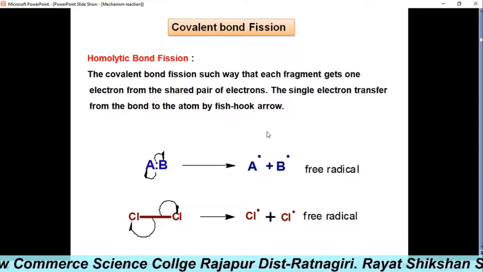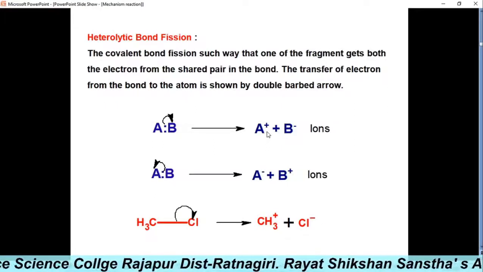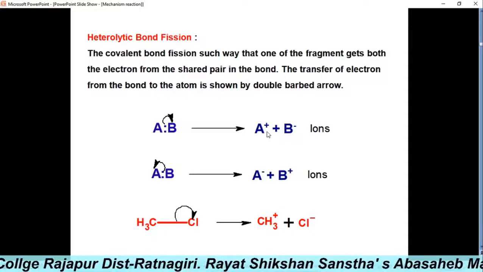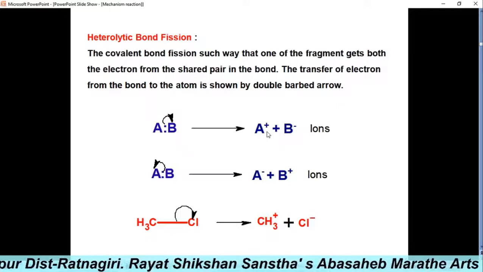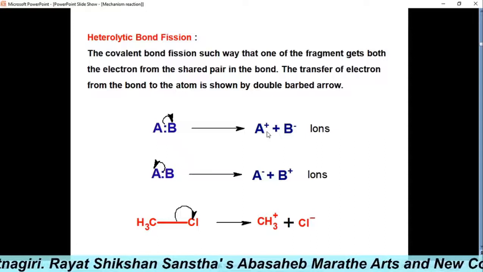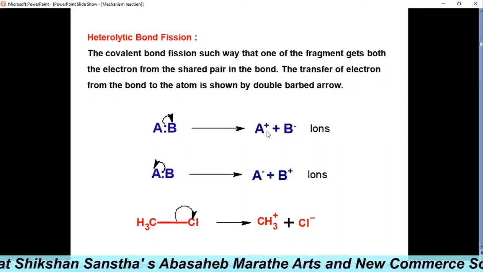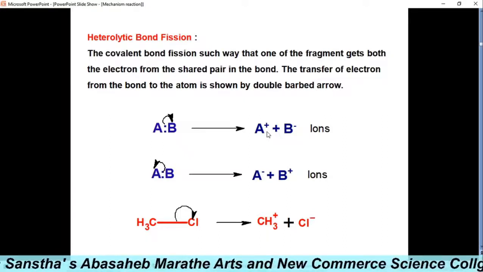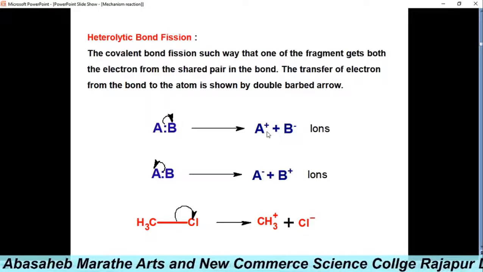Let's go to the next point, heterolytic bond fission. In heterolytic bond fission, the covalent bond breaks in such a way that one of the fragments gets both electrons from the shared pair in the bond.